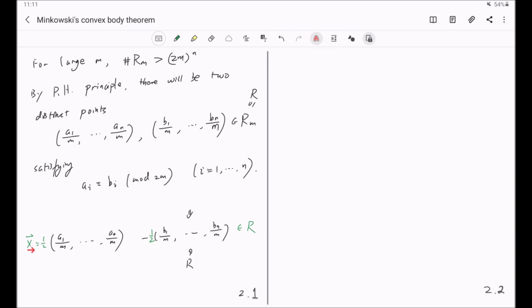This vector x is an integer vector, because if you look at each component, a sub i is congruent to b sub i mod 2m. So 1/2 of (a sub i minus b sub i) divided by m is an integer. So x is an integer vector.